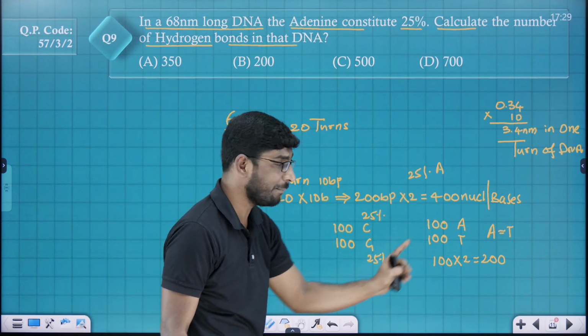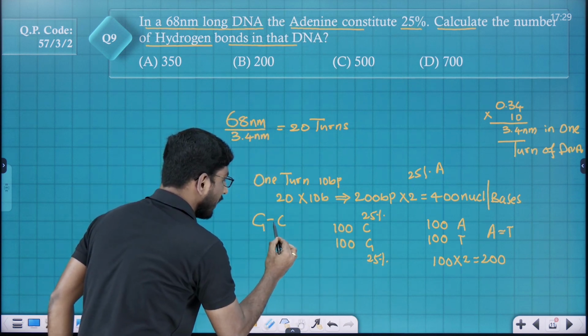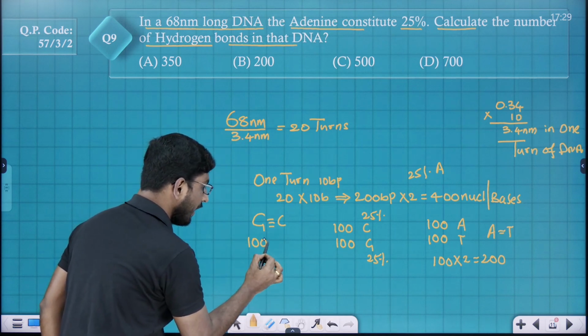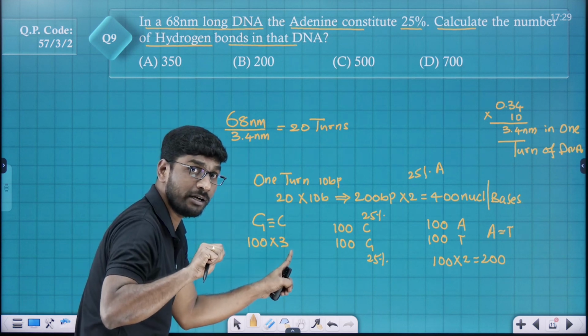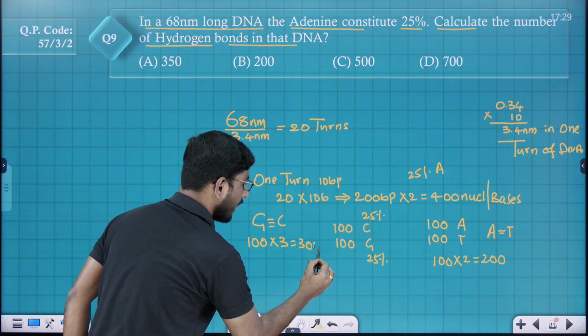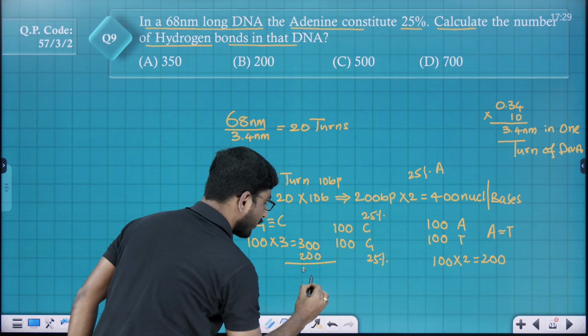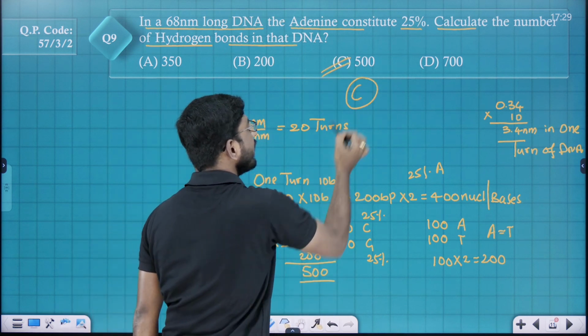Now between G and C, triple hydrogen bonds are there. So I'm writing 100 into 3, because of the triple hydrogen bond between G and C. So here it is 300, and here it is 200. So the total number of hydrogen bonds in the DNA is 500.